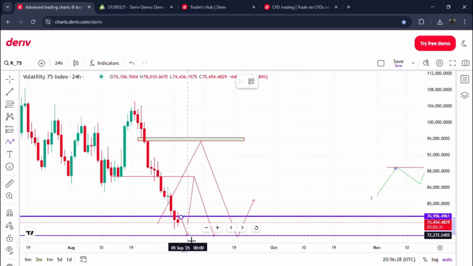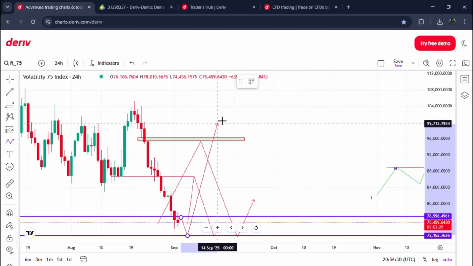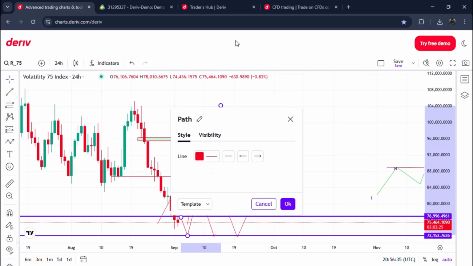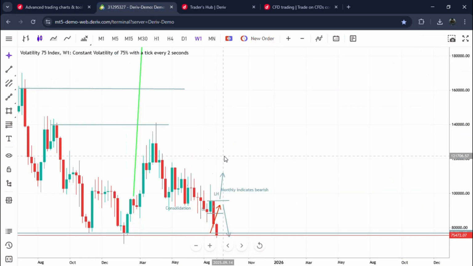Remember, on the weekly time frame, we said we're expecting 2 things: the market to come and hit this resistance zone, come back to this zone where our previous lower low will act as our previous peak, and then the market will have 2 options. 1, change of character to go to an uptrend, or continue with a bearish trend, which is a downtrend.